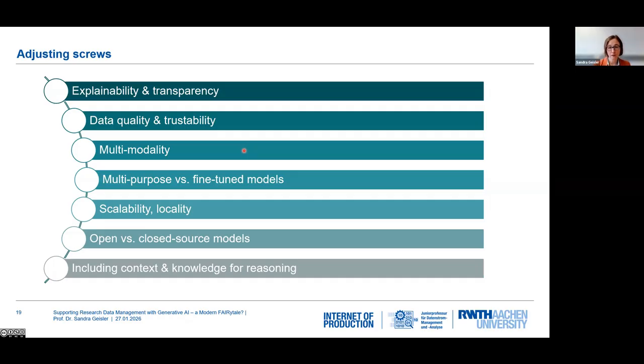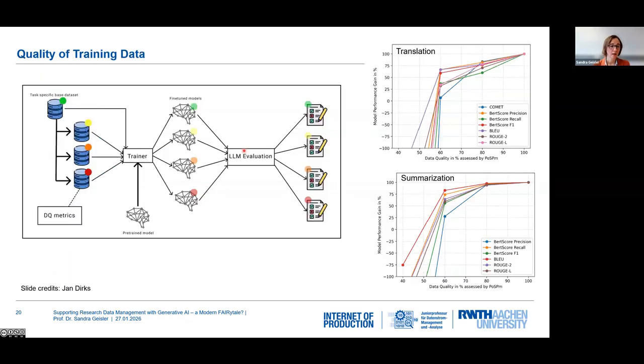If we look at the quality of training data, one thing which we looked at as a preliminary result, which has not been published right now, is that we looked at different versions of the data with different data quality deficiencies.